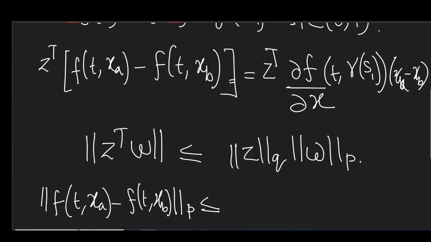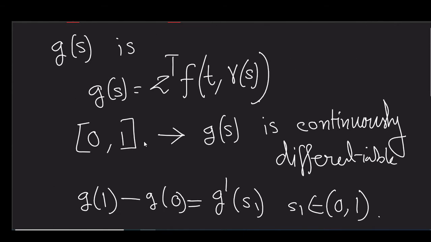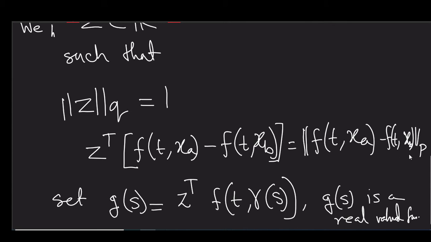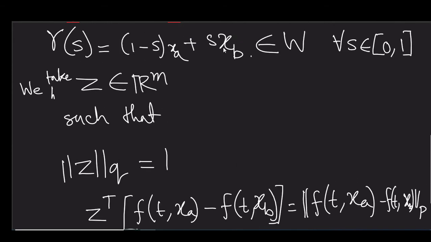We have derived it. When we set norm Z Q is equal to 1, this gives us this. So this is Z transpose and this will play the role of omega. So we'll get it.